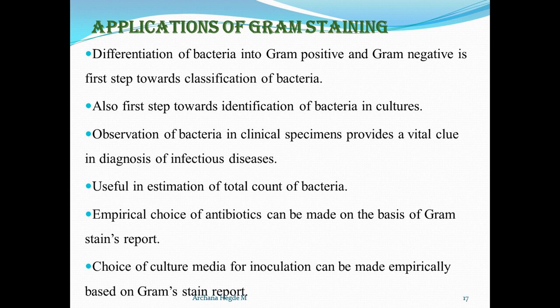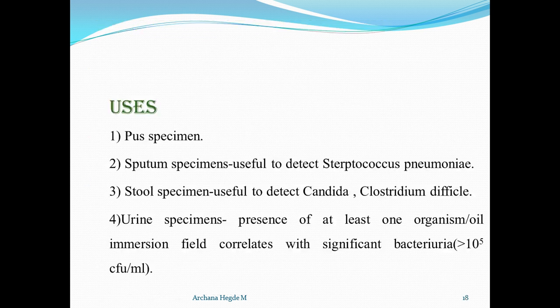Useful in estimation of total count of bacteria. How many bacteria are present in this particular slide or in this particular field can be calculated very easily. Empirical choice of antibiotics can be made on the basis of the gram stain report.